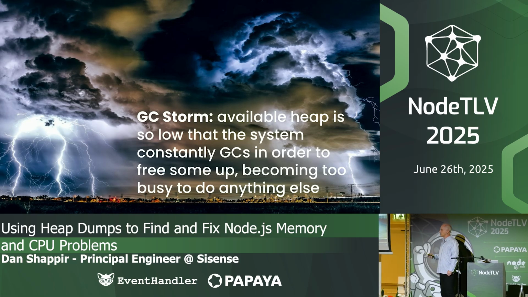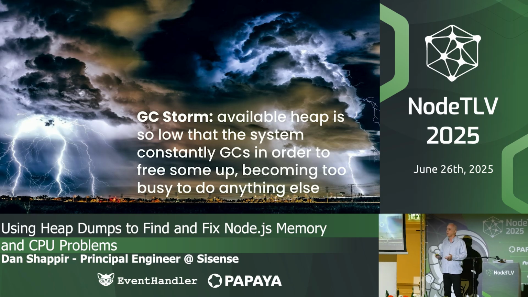And what happens is that the garbage collection is triggered more and more frequently, because the system is really trying to free up some memory in order to be able to continue to work. It gets to a certain point in which all the system is effectively doing is just running the garbage collection. The garbage collection is a CPU intensive process because it needs to scan a lot of memory. And if it's constantly just doing GCs, then you'll end up basically running at 100% CPU without actually doing any work.